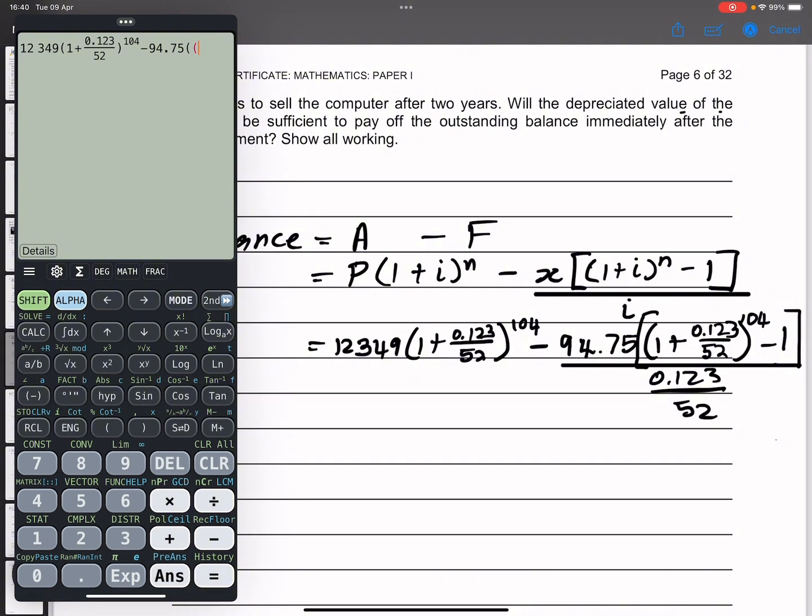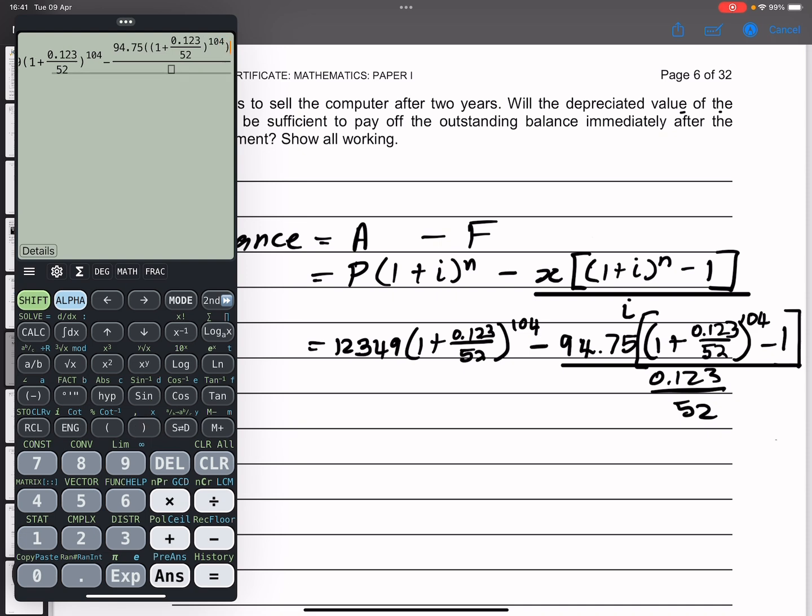In fact, let's do this so that I maintain a level of accuracy. So that's minus 94.75. I'm going to open two brackets there. That's 1 plus another fraction, 0.123 over 52. Let's close that bracket there, y to the x, 104. And let's close that entire bracket over there.